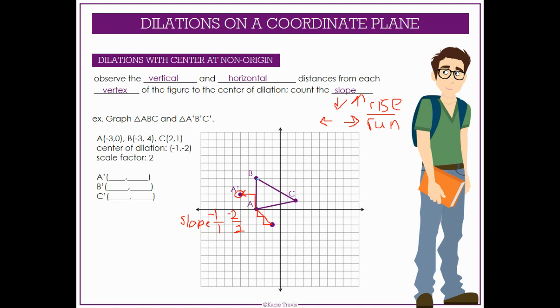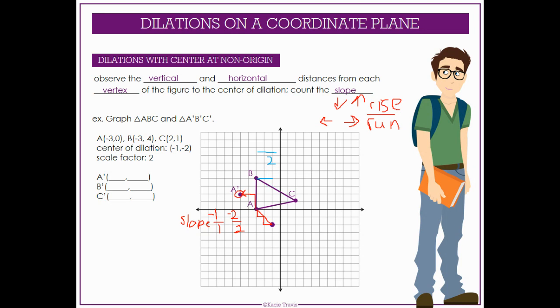So for me to get from here down to there, let's go through and count our blocks. So we got -3, all comes down to -1. So this comes to the right. So our run is going right 2.